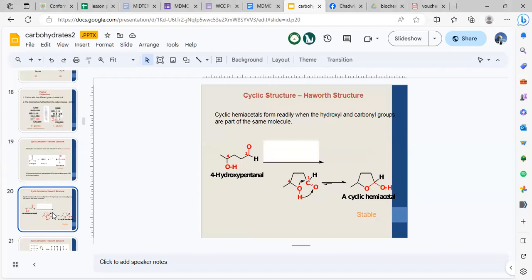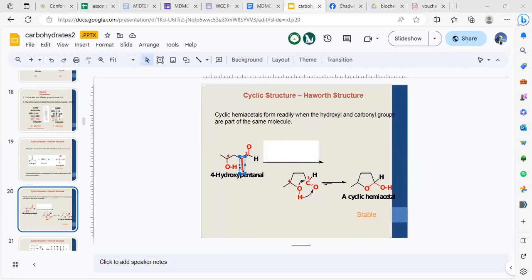Cyclic hemiacetals form readily when the hydroxyl and carbonyl groups are part of the same molecule. So you can twist this bond around to form something like this one. So you can twist it around and you form this.